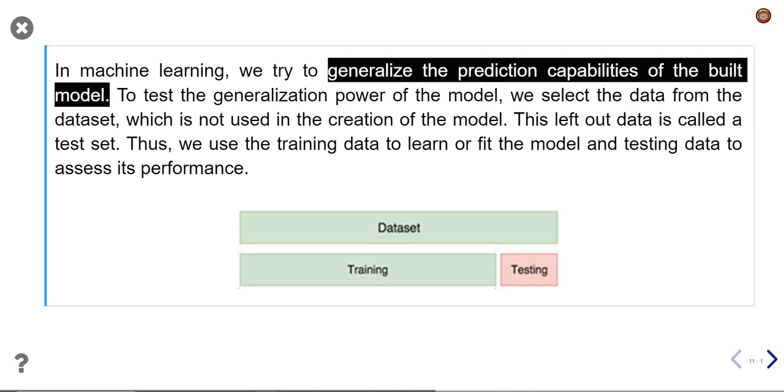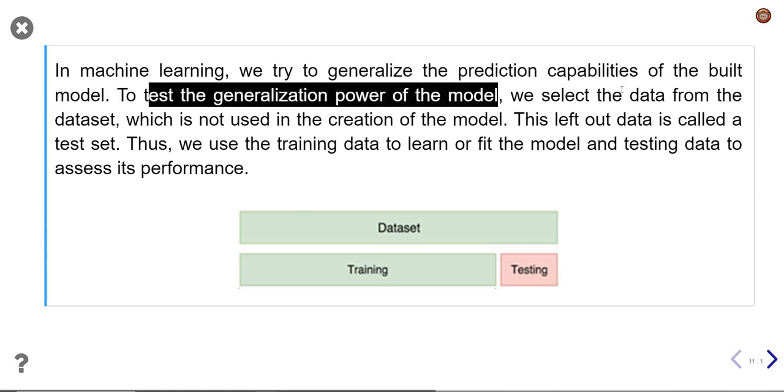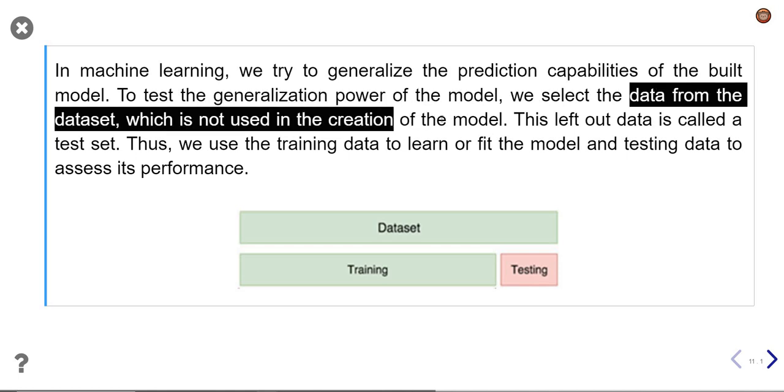It shouldn't be just a specific sample only. It should be a general model, so that whatever type of data you provide, you should be able to predict. To test the generalization power of the model, we select data from the data set that is not used in the creation of the model.